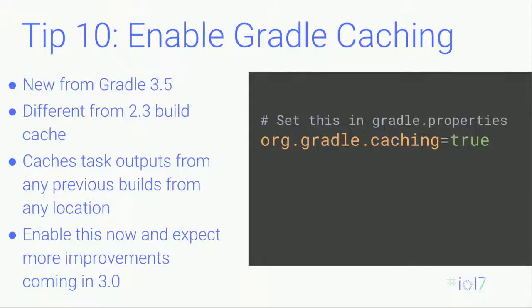Now, this is different from the build cache that we introduced in Android Studio 2.3, which only cached pre-indexed external libraries. This cache uses the same up-to-date mechanism, but it doesn't only work for the last build, it works for any previous build from any location, which means it would really speed up your build when you switch branches, and it will enable distributed caching.